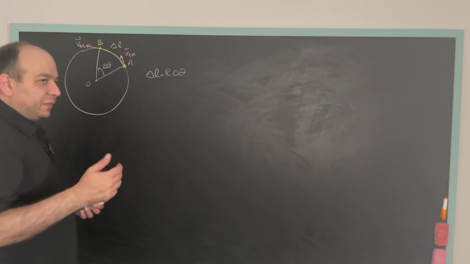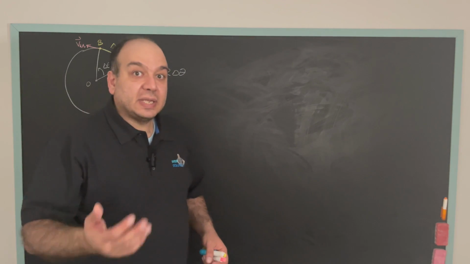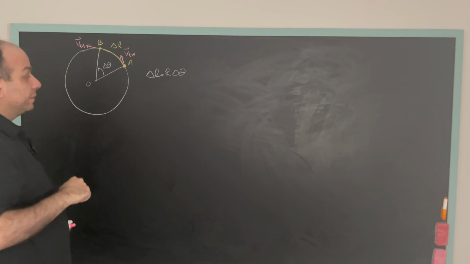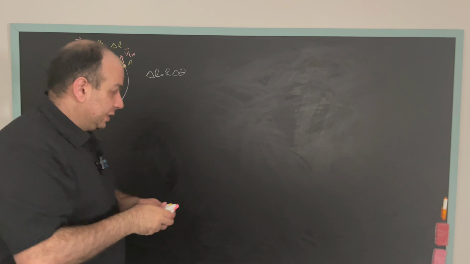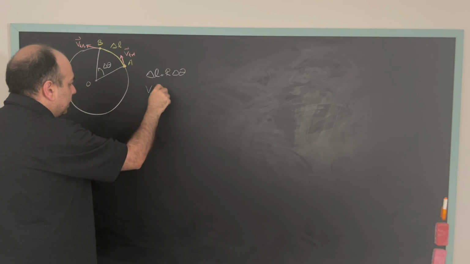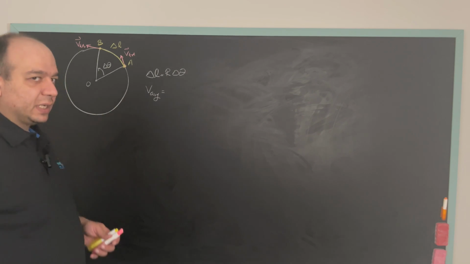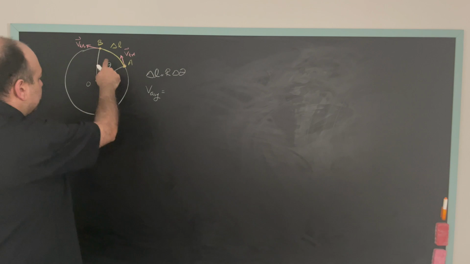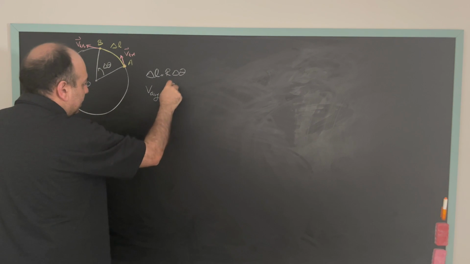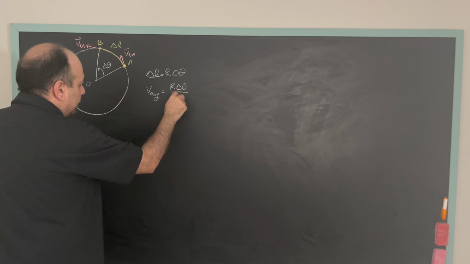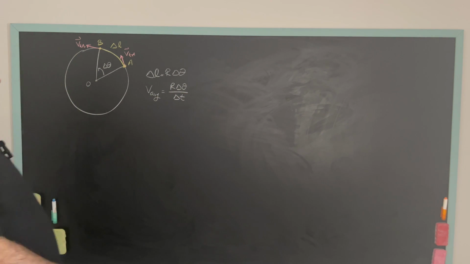Okay, so now if I ask you, what is the average speed as I move from A to B? If I call this V average, this is a scalar quantity, right? So I just need to know the total distance traveled, which is this delta L here: R times delta theta over delta T. What is delta T?